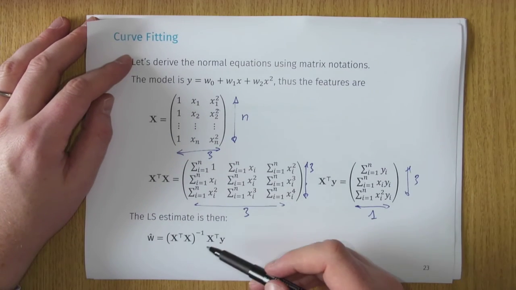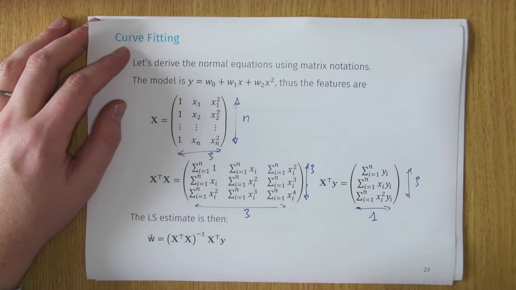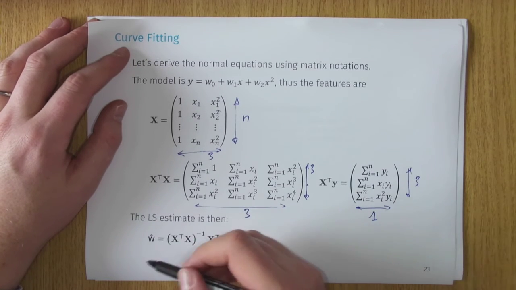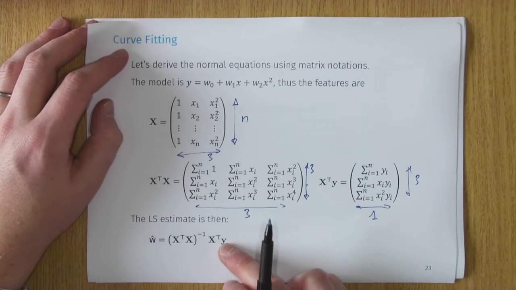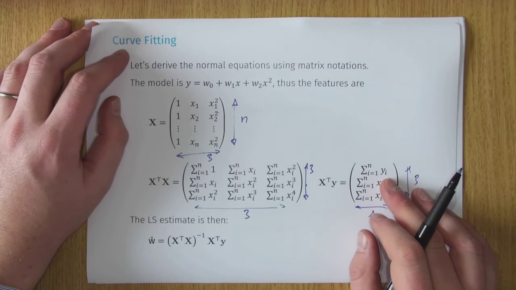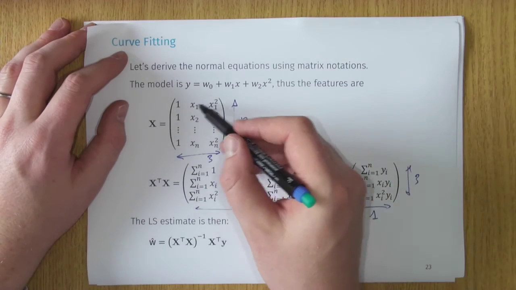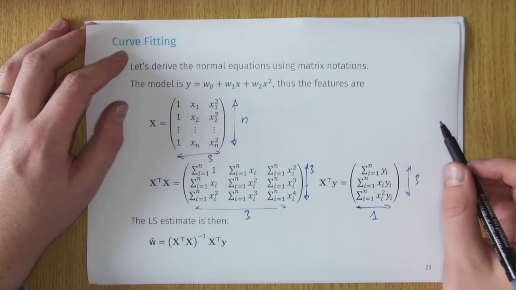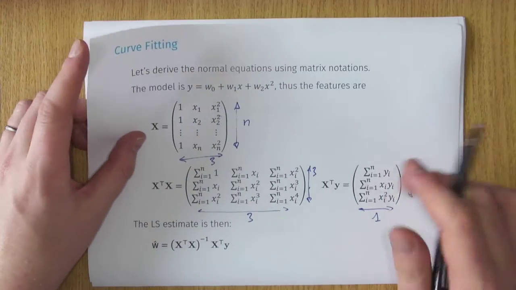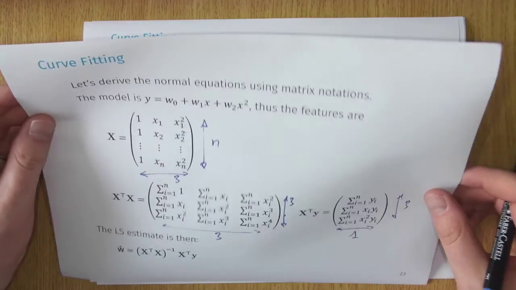So the beauty here is that when you design the code for the least square estimate, the matrix notation, the core of the algorithm, is still the same. You just have to plug in that formula using linear algebra packages. The only thing that has to change is the way you design your design matrix. But the formula remains the same regardless of what you have.